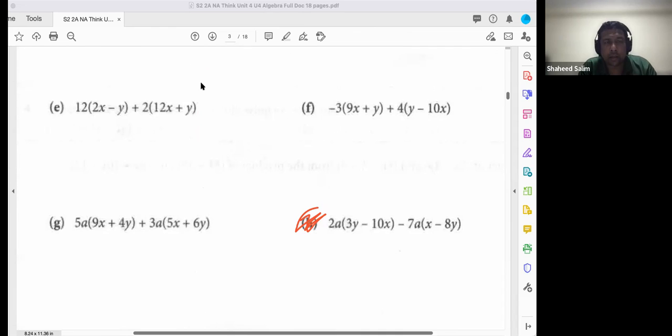Asan, your answer is correct. Shafika, your answer has a mistake in your second term.